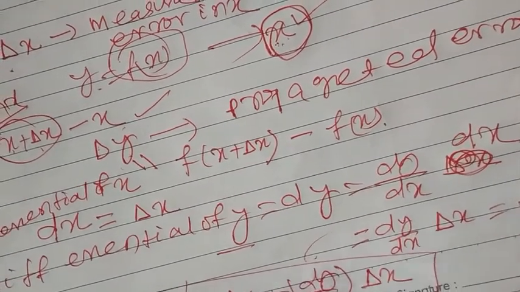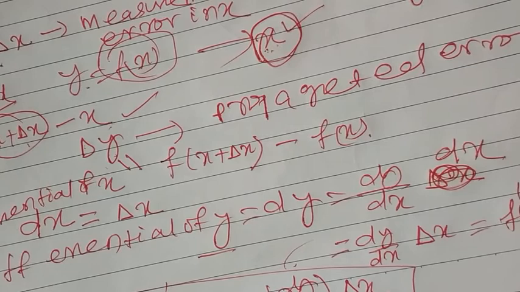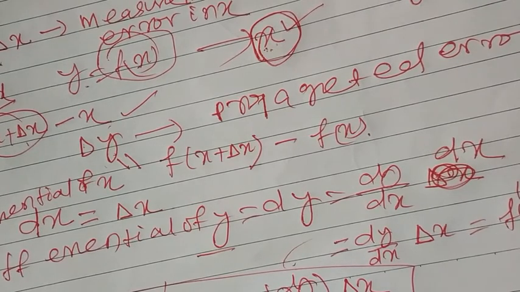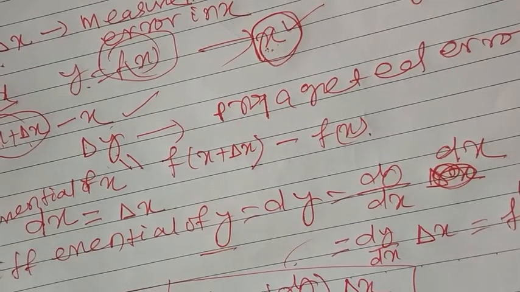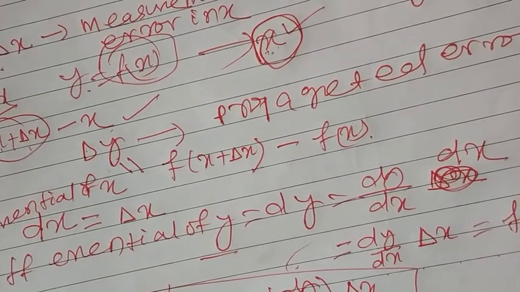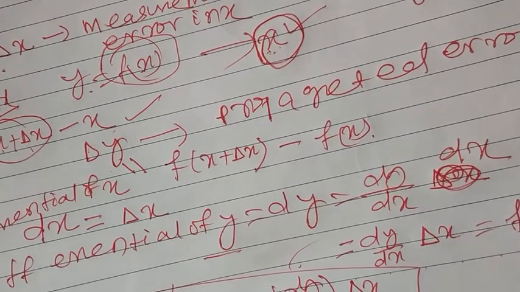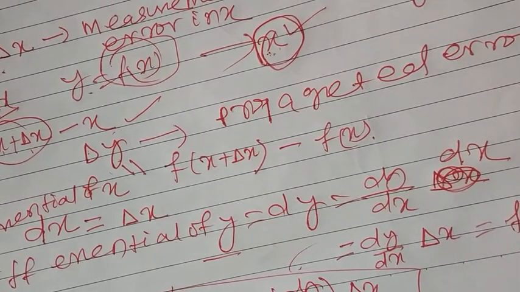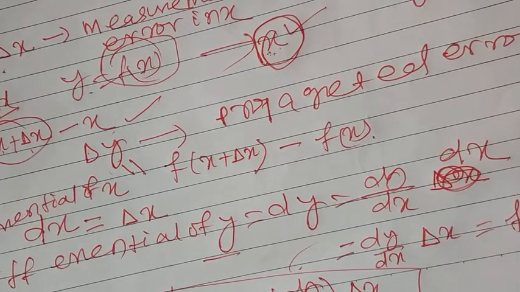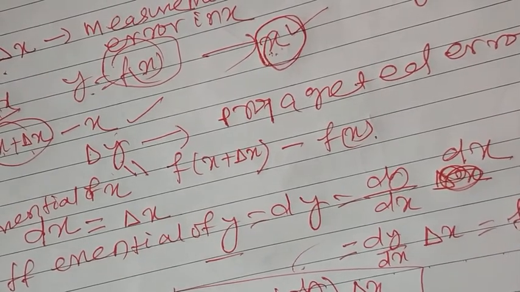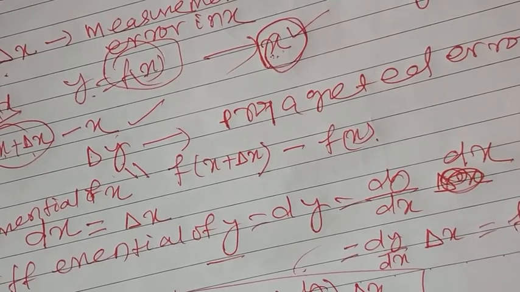Remember. Okay? If it is so, then what is f(x plus delta x) minus f(x)? This is delta y. And dy, understood? That is f dash x delta x.